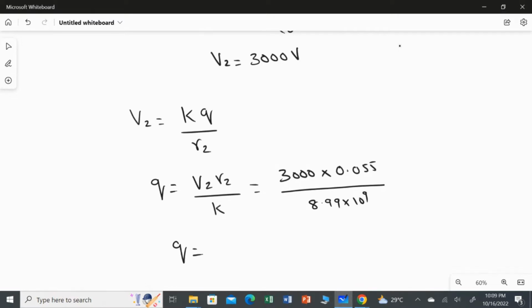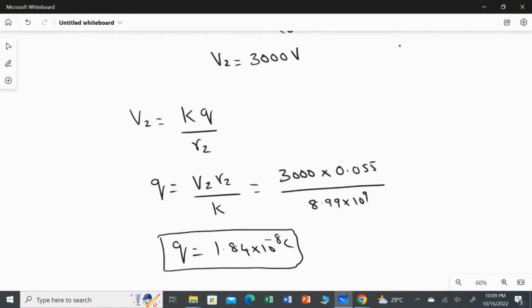So we'll get the value of the charge. 3000 multiplied by 0.055 divided by 8.99 times 10 to the power of 9. We got 1.84 multiplied by 10 to the power of minus 8 Coulomb.